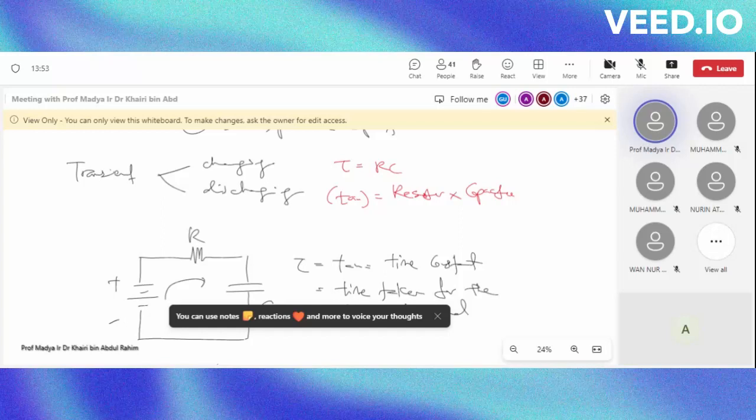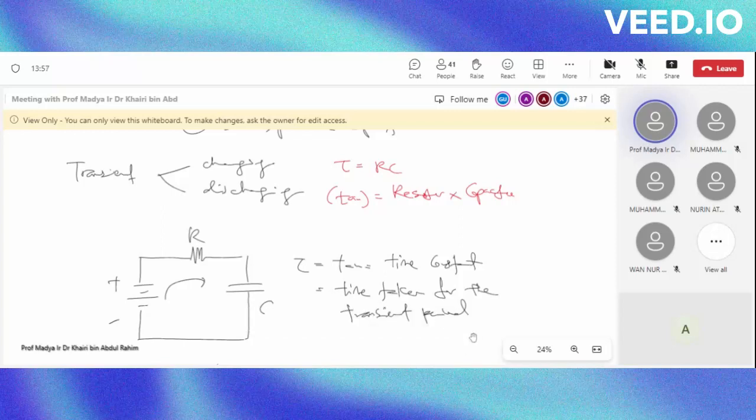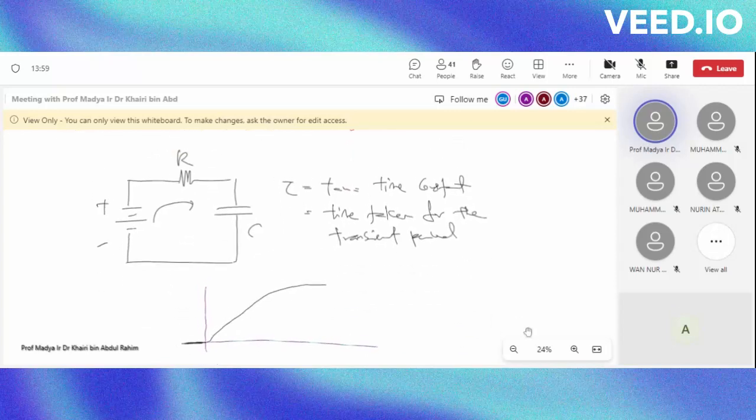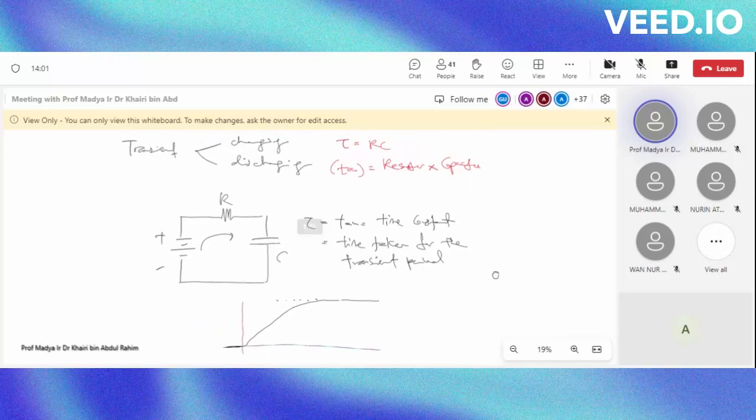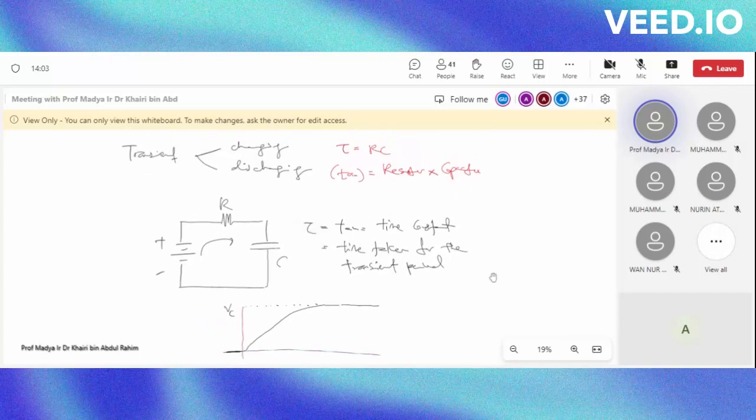So assuming there's no charge here. So charging. So this is VC. Okay. So this period here is what we call the transient period.